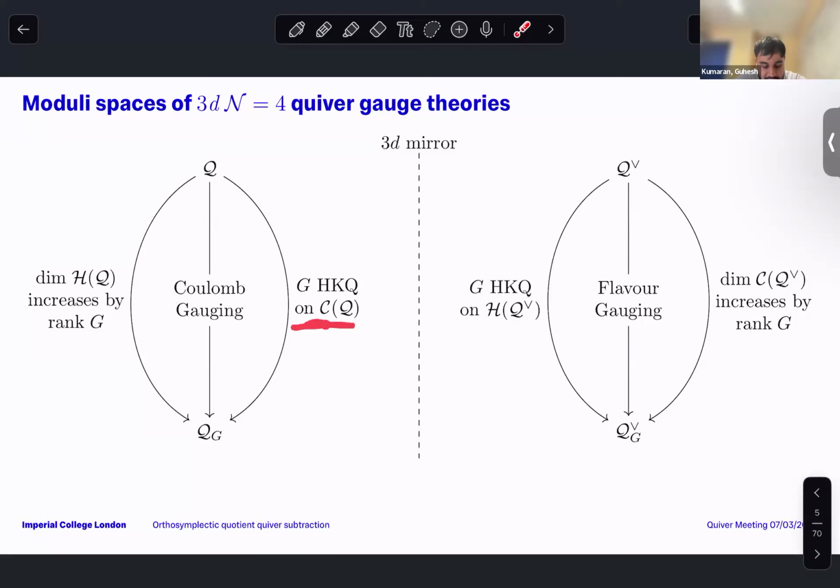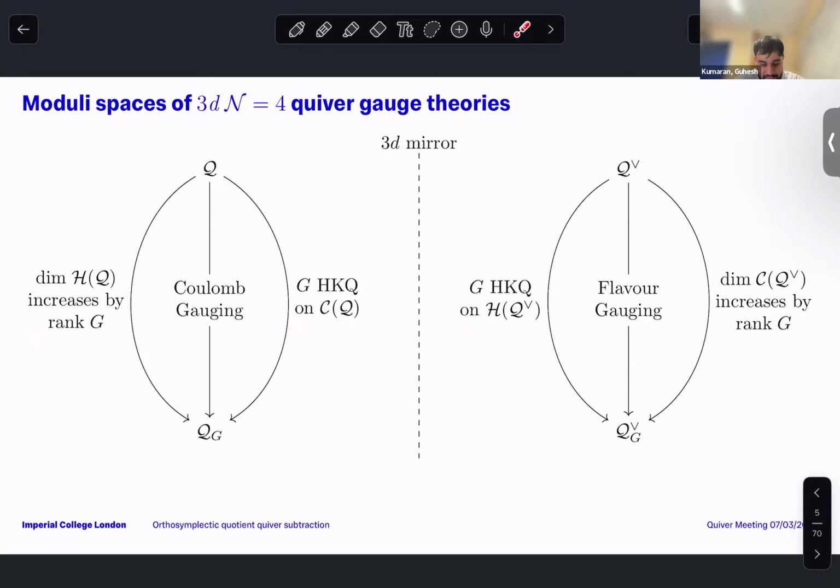The operation on the moduli space is a hyper-Kähler quotient. So when I gauge a flavor symmetry, it's a hyper-Kähler quotient on the Higgs branch by G, where G is the subgroup I'm gauging. And on the Coulomb branch, well, if I gauge a Coulomb branch global symmetry, then it's clearly a hyper-Kähler quotient here. And then the dimension of the other branch increases by the rank of G.